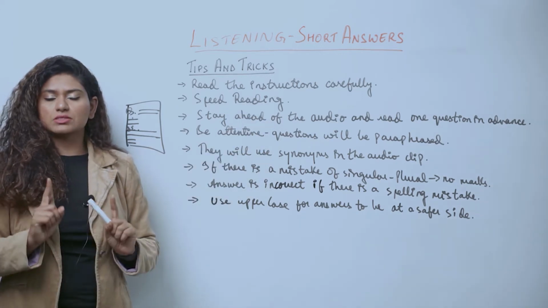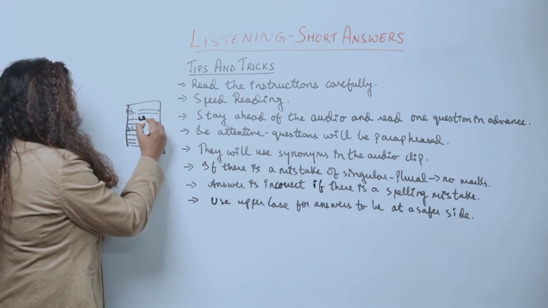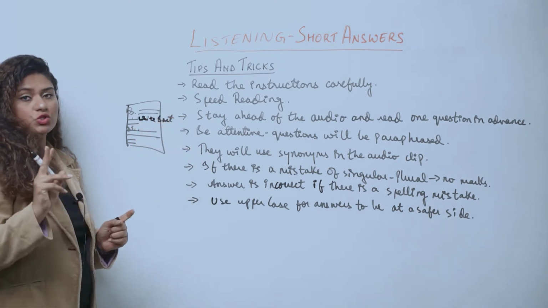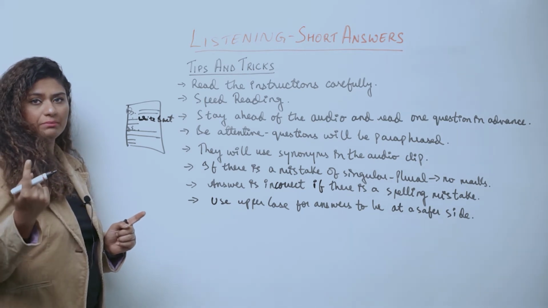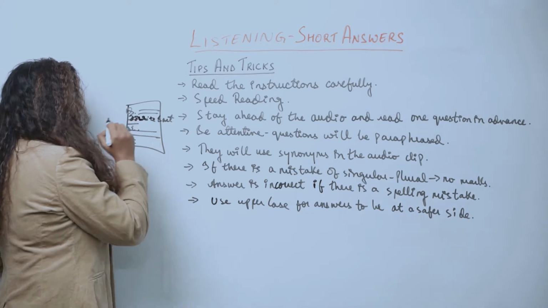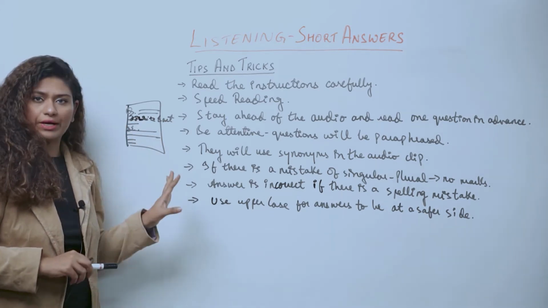So if it says 2 words, then of course your answer cannot be more than 2 words. Let's say whiteboard. But if it says 2 words and 1 number you can include, in that case even if you put a 28 before whiteboard, it is acceptable, it is correct.